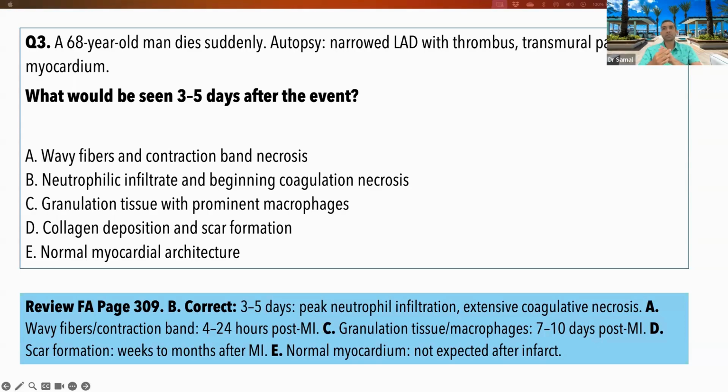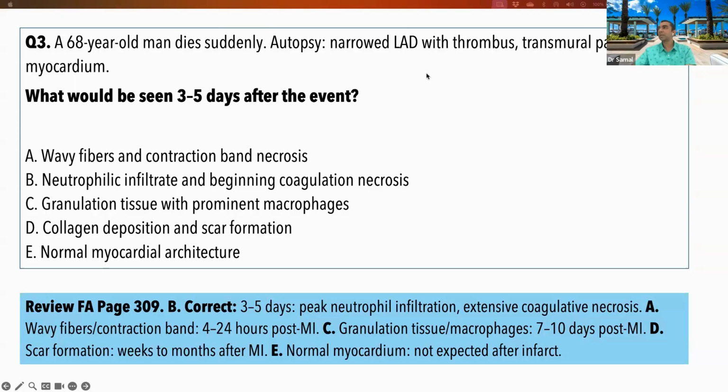So necrosis is not ever going to be a normal architecture. If it would have been just angina and we reversed it, that would be a different question. Angina, reversed it, no changes. Okay, normal myocardial architecture, but the blood vessels, of course, in that case would be showing you the atherosclerosis and the plaques and all of that stuff, right?